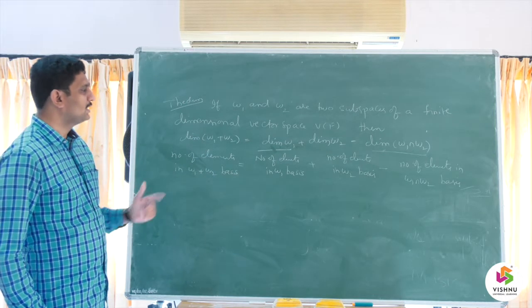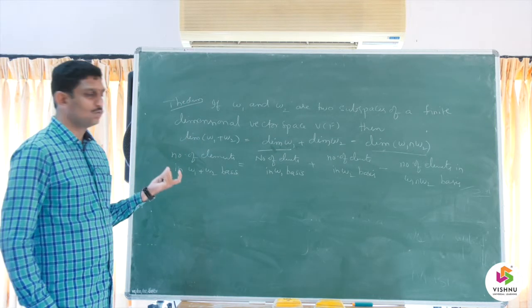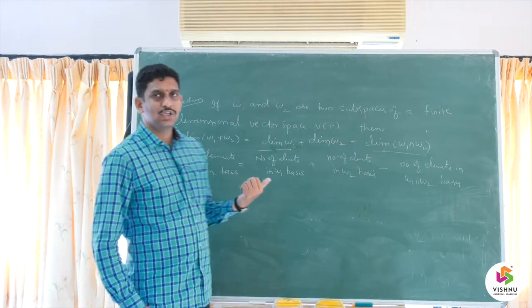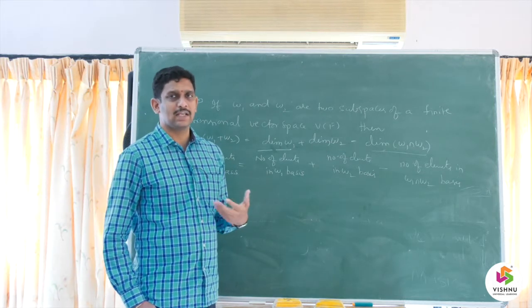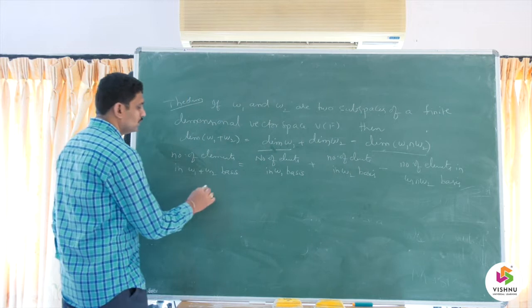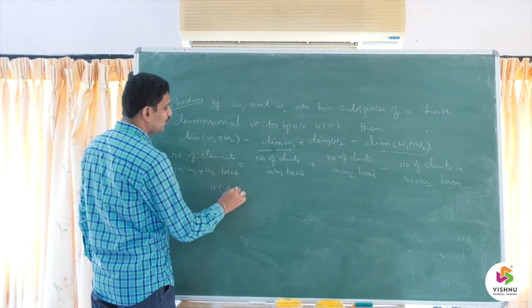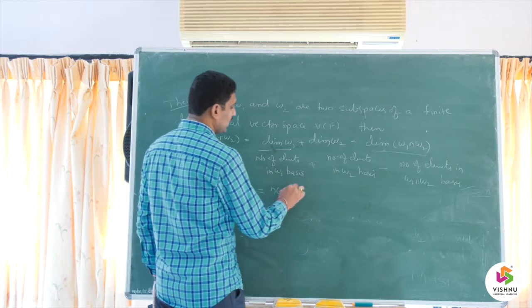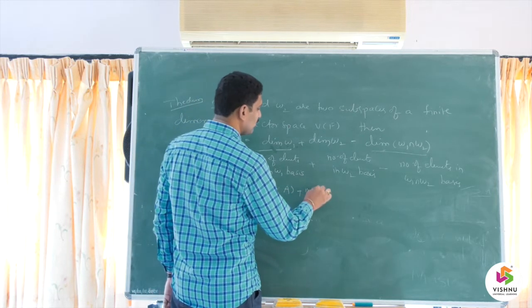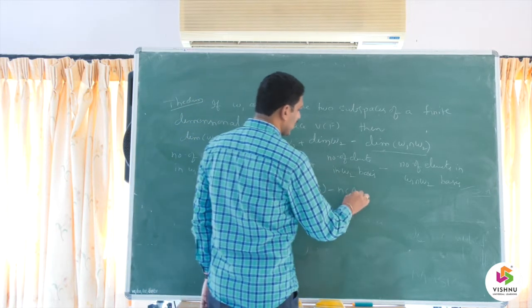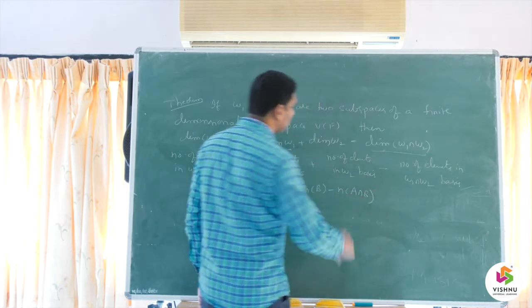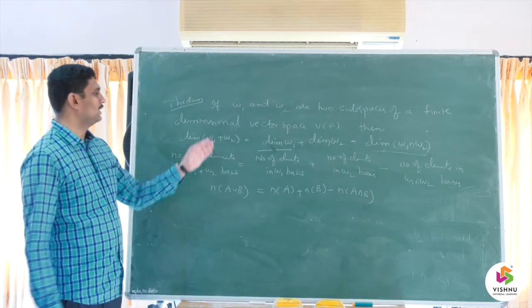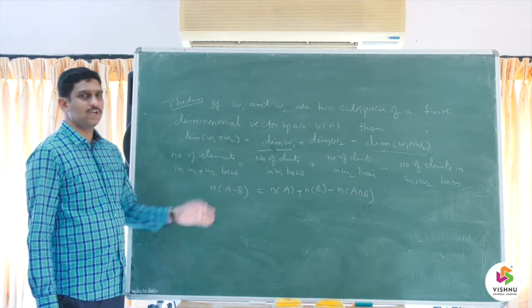The other way is, this formula is very similar to the set theory formula which you studied at school level, maybe 8th or 9th class. This is the formula: n of A union B is equal to n of A plus n of B minus n of A intersection B. You can observe that this theorem and this formula are very similar, right?